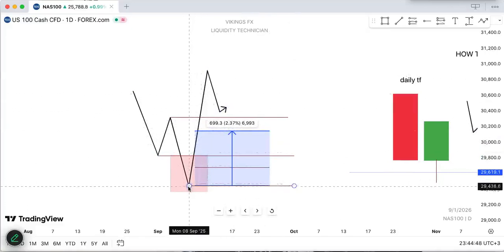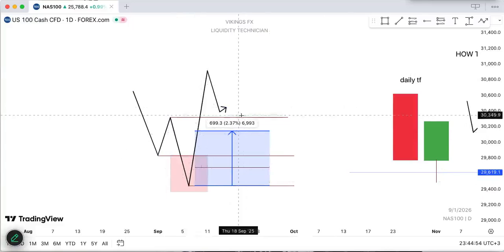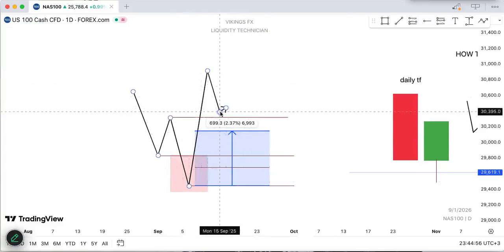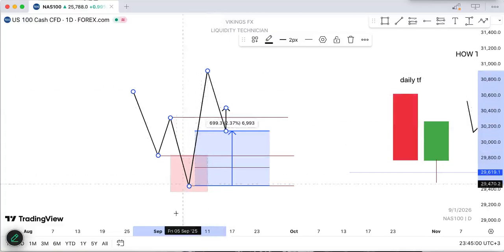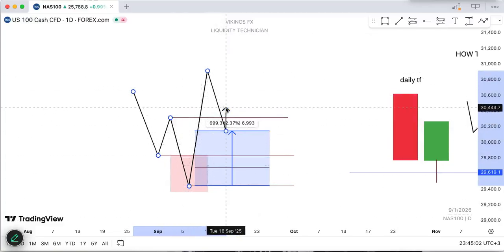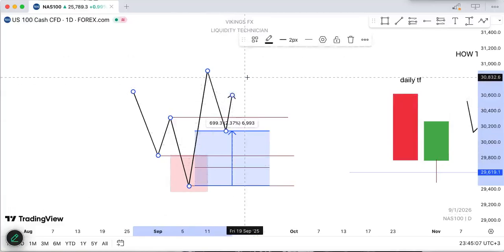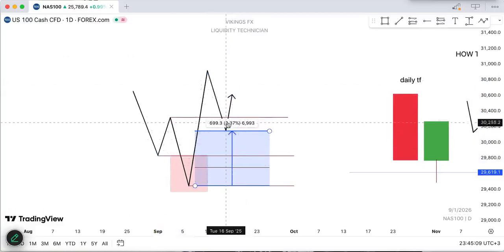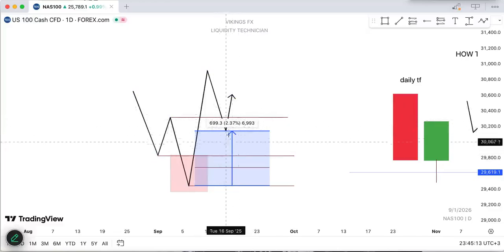So you will bring your gun box, measure from here to here, mark the 50%. So if price retraces to the 50% of this move here and it gives you that slight move somewhere like there again, you understand, this here is called the engineered inducement or engineered liquidity.